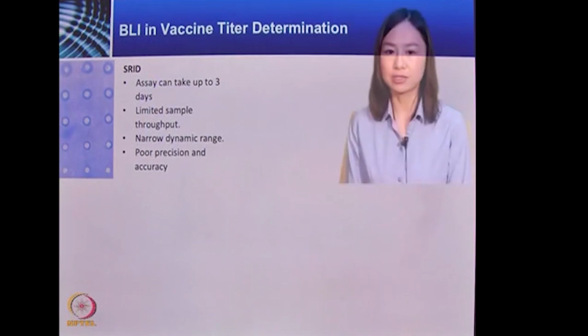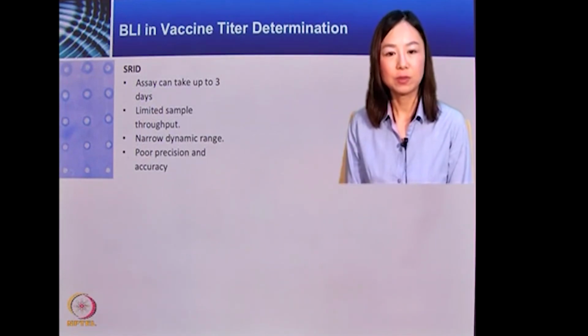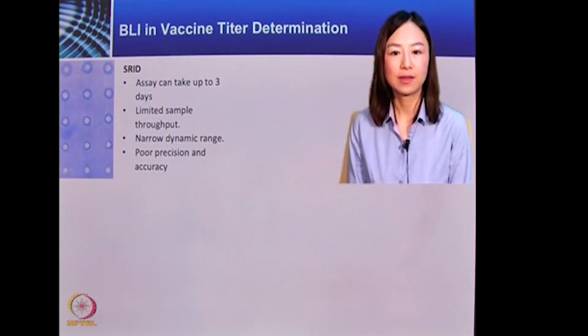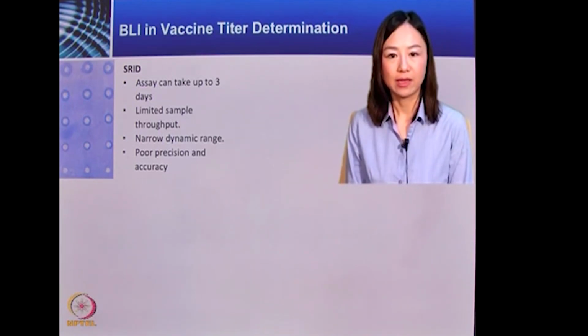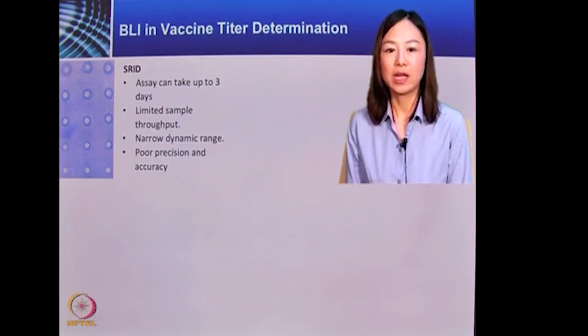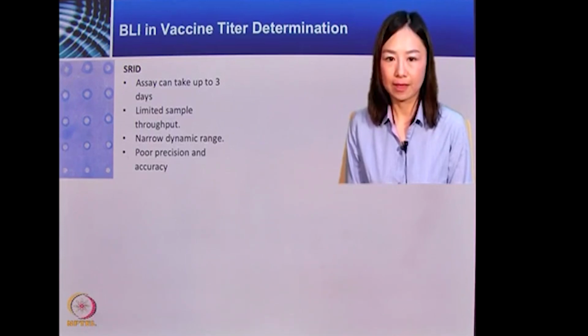Traditionally, in the vaccine industry, we rely on the SRID method to perform the quantitation of the vaccine virus titer. However, this method is very time consuming. It takes up to 3 days to analyze the virus titer. It also has very limited sample throughput, where it is only able to analyze maybe 15 or 16 samples at the same time.